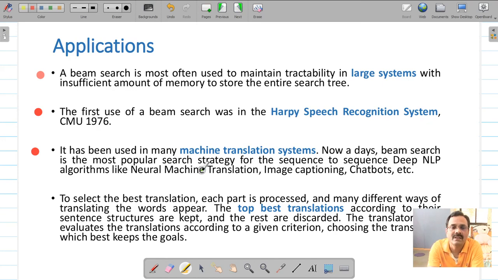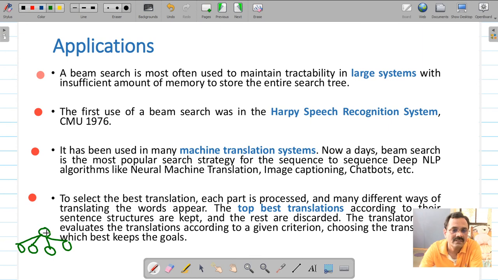So that kind of applications where you have many options, and out of that you have to select few options. Quality of options is what matters. For such applications, this beam search algorithm is preferred. Basically, it has major use nowadays in translation. The reason is, in translation you have many options available. Let us look at this. Suppose this is your current state, and for translation of this, you have 4 different options.